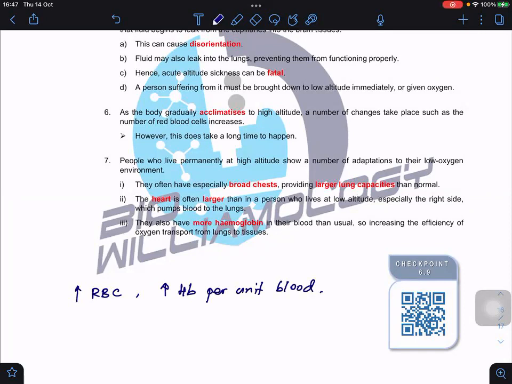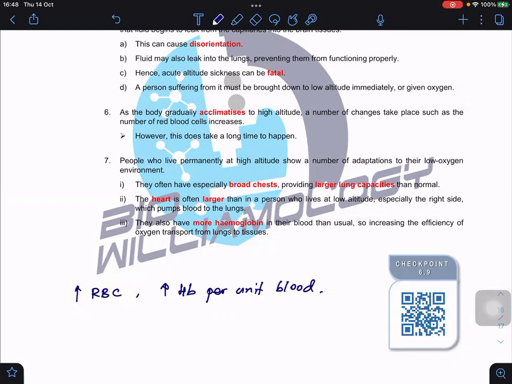We increase the number of red blood cells per unit blood, but the amount of hemoglobin in each red blood cell remains almost the same. No change in the amount of hemoglobin per cell. But because we increase the number of red blood cells per unit volume of blood, our hemoglobin concentration also increases.